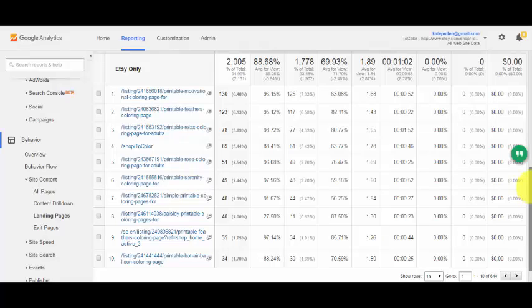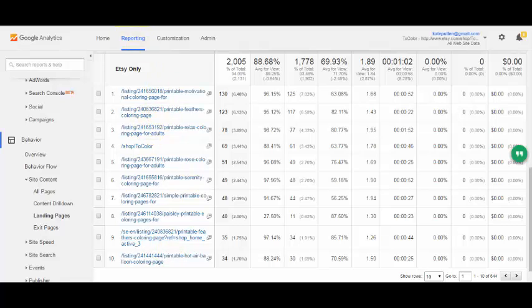When people arrive in my store from within Etsy, we can tell those views. We need to do a little bit of Sherlock Holmesing here because it comes through. We can tell from this code here, if it has the question mark and the ref equals, we know that that's come from within our store.